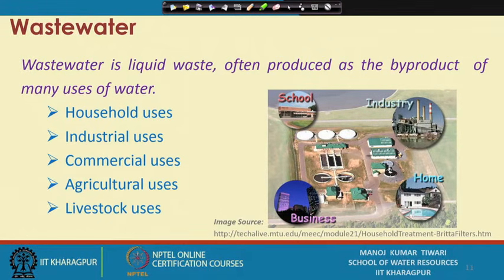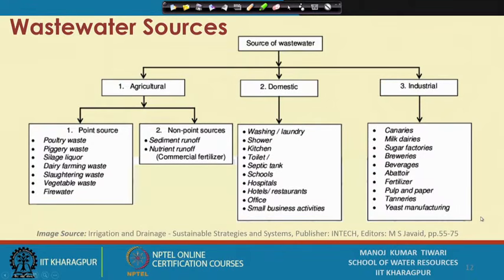There are several other terms which are often used selectively for a specific type of wastewater. Like the household or domestic wastewater is typically referred to as sewage at times. So, there are some nominations, some classification of different types of wastewater. We will be discussing all this.